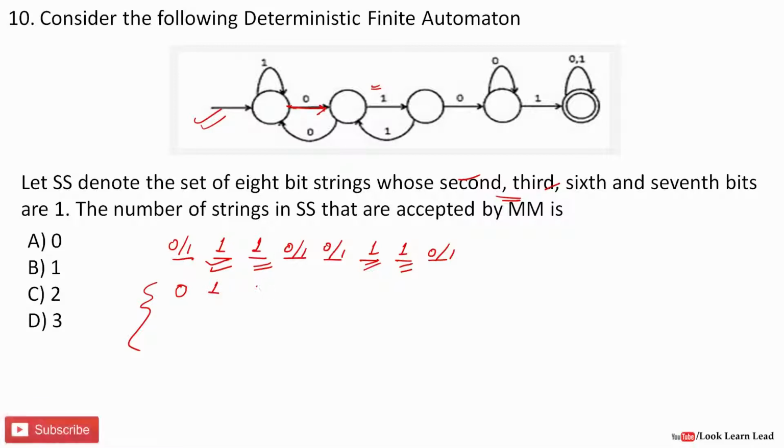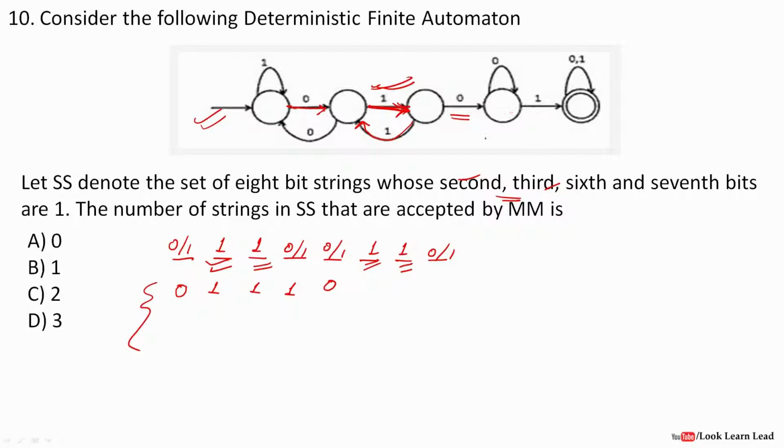Third bit has to be 1, second and third bits have to be 1, 1. If the second and third bits are 1, the fourth bit has to be 1 only. If the fourth bit is 1, fifth bit can only be 0.